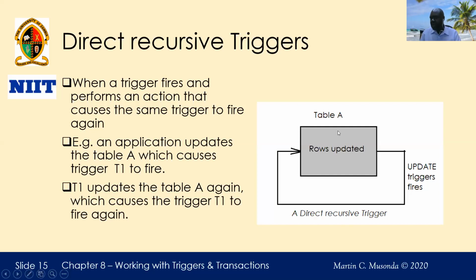And because it has made changes to this table, it will activate itself again. So it forms like a loop. The difference is that it's only one trigger which is involved. It's performing actions which are activating itself. That's a direct recursive trigger.